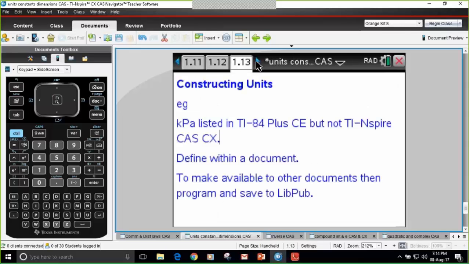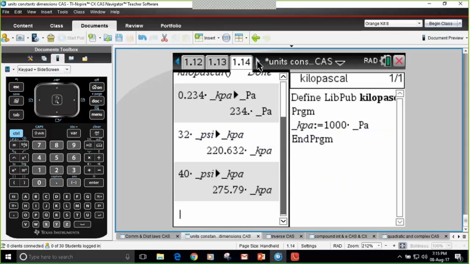And then also over here, the TI-84 Plus CE has kilopascals. For some reason or other, that unit is not listed in the CAS file, but what I've done here is just build out a little program, and that's stored in the library, and you can actually just convert in that way. So you can do your own little program which will allow you to do conversions.